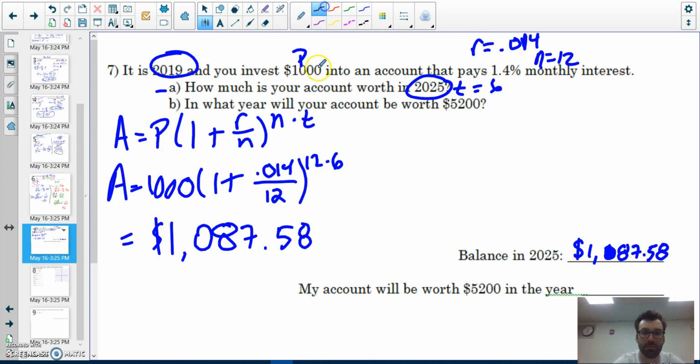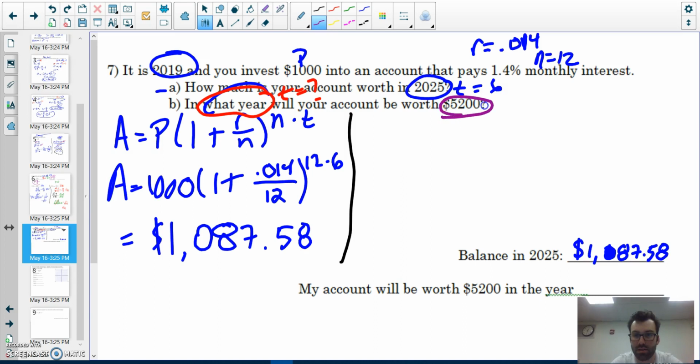Okay, so the next part of the question asks, in what year will my balance be $5,200? So that means we're trying to solve for T. This is my A value. So I'm going to work backwards-ish.